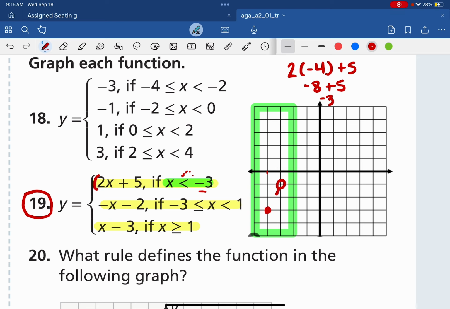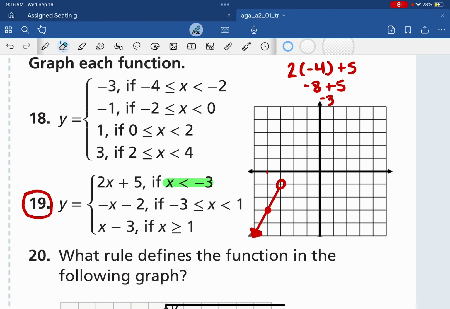So now I'm going to draw my line. Because there's no piece on the other side of this, I know that my function just keeps going because it doesn't tell me to stop it. So I'm going to draw that arrow to show that it keeps going. So now we have piece 1 done.